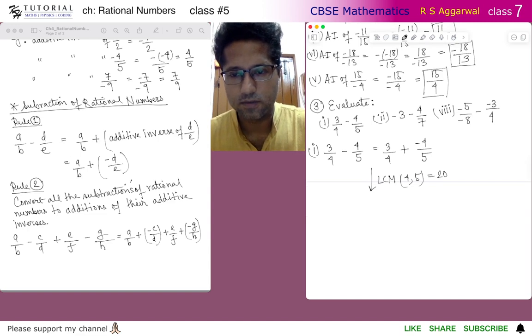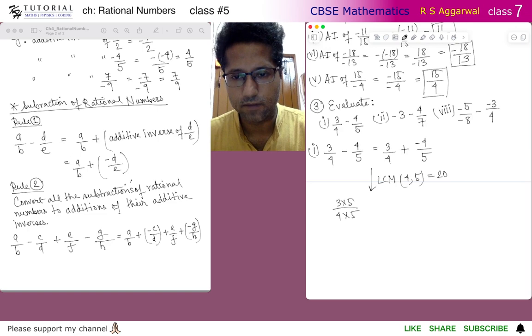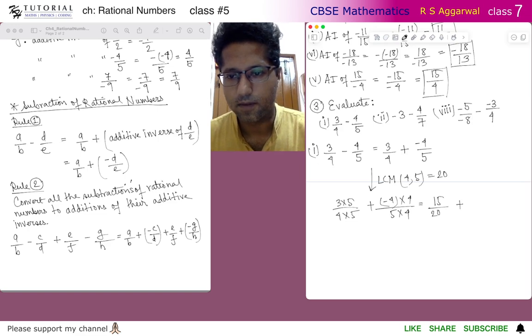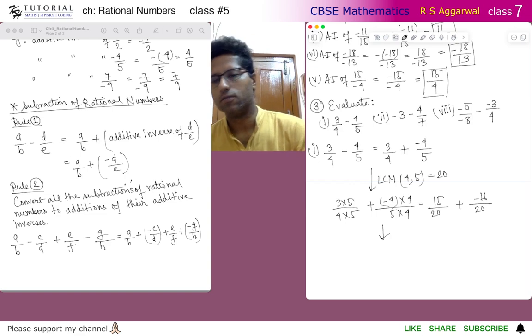So this becomes 3 into 5, 4 into 5 plus minus 4 into 4 and 5 into 4. So this is 15 by 20 plus minus 16 by 20. So now we have the same denominator.